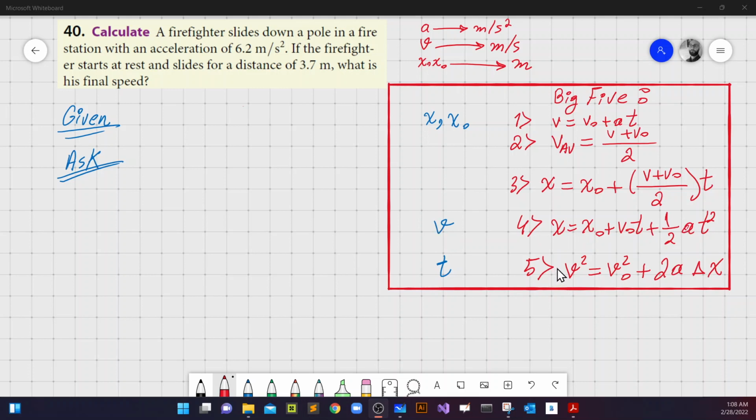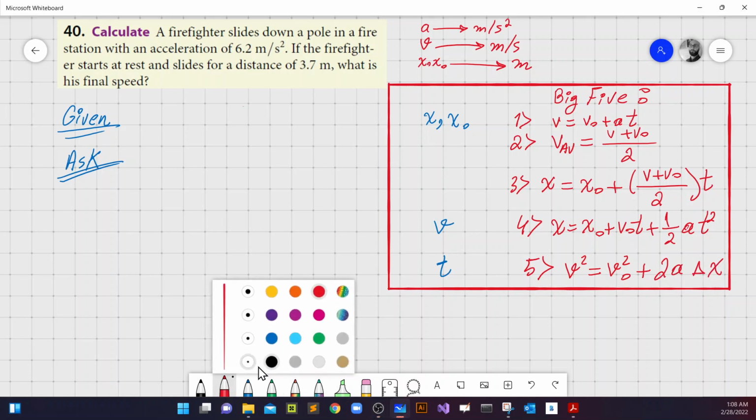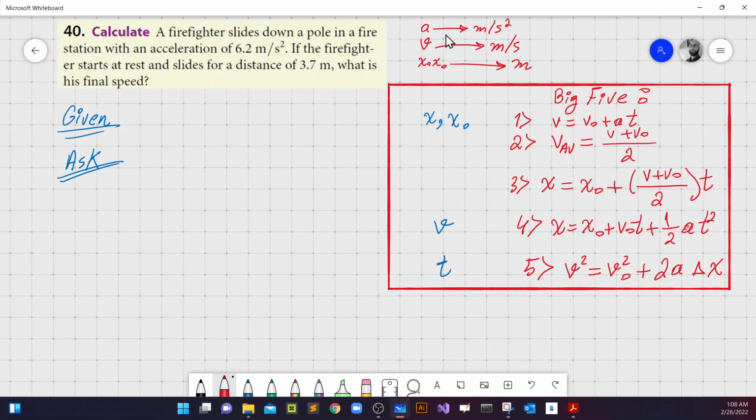And the final equation, which is independent of time, is v squared equals v0 squared plus 2a delta x, knowing that delta x is the distance traveled. Also, we will need to know that the SI unit of acceleration is meter per second squared, the SI unit of velocity is meter per second, the SI unit of x and x0, the final position and the initial position, is meter, and the SI unit of time is second.